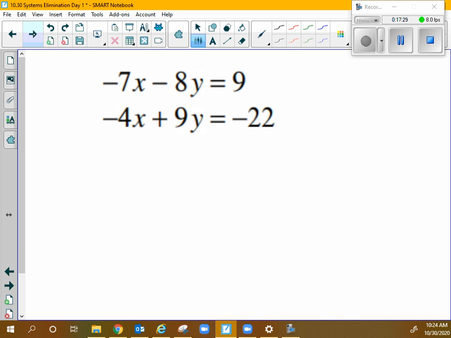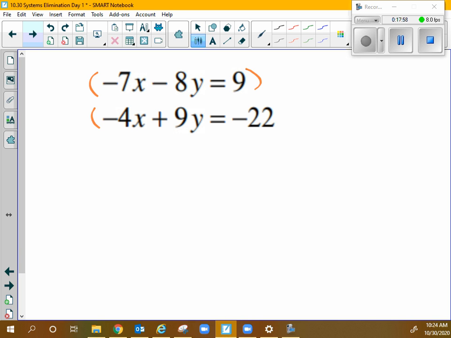Is that, I'm not really wanting to deal with 72 as my value. What's common between 7 and 4? 28, right? So 28 seems a little bit more manageable than 72. That doesn't mean that you can't use 72, but let's get one of them to be positive 28, one of them to be negative 28. Multiply 1 by -4. Or we'll find the other one by that.